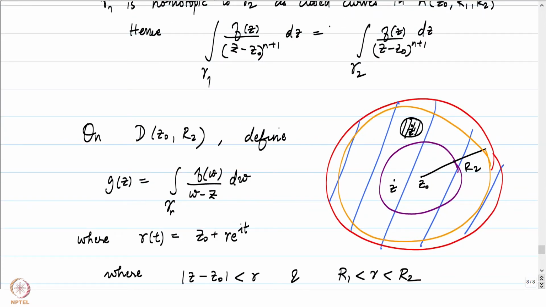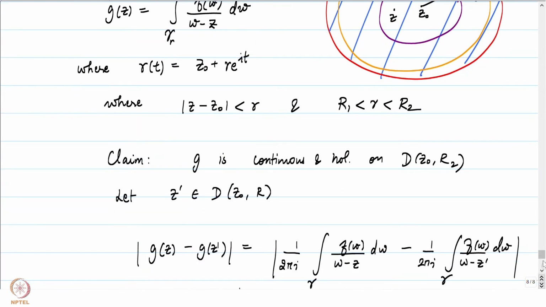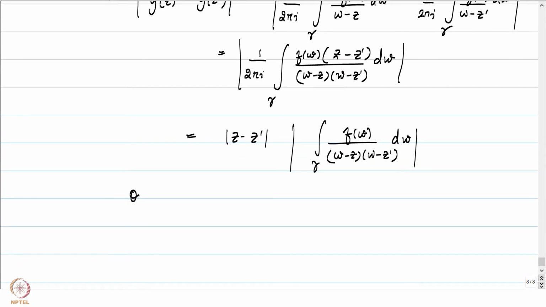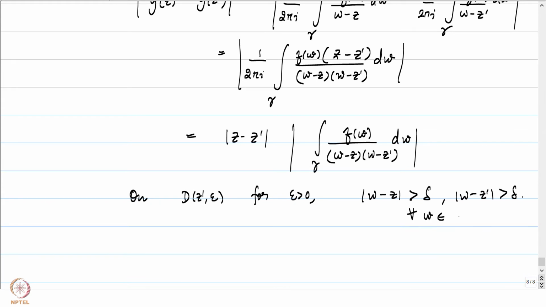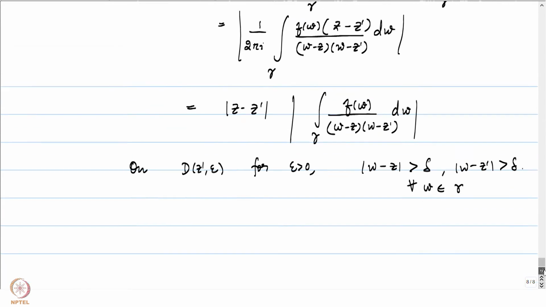On this disk, we can say that w minus z and w minus z prime are bounded below. So we can say that on D(z prime, epsilon), for epsilon small, absolute value of w minus z is greater than some delta, and w minus z prime is also greater than some delta for all w in the image of gamma. And therefore, what do we have?